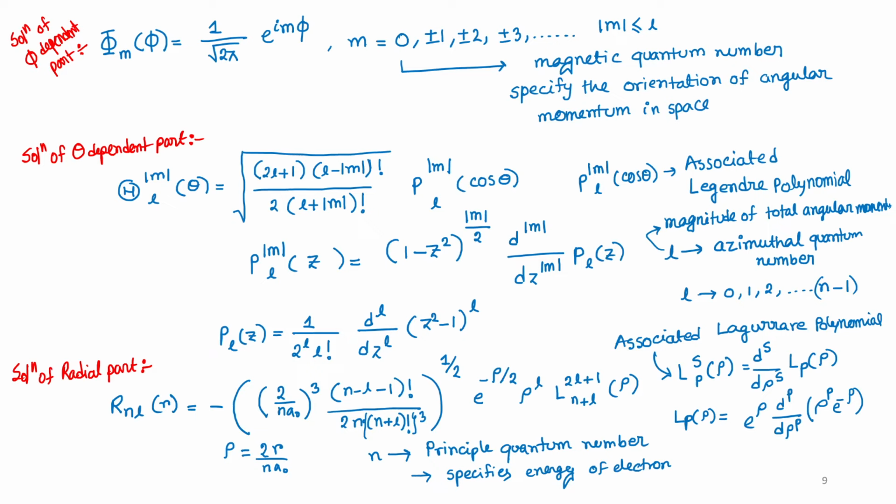Okay, and the other things that are discussed in the lectures are like the radial function, how to plot the radial function. For psi 1, this psi 1 means psi 1 0 0, right? Here n is 1, l is 0, and as l is 0, m can be 0 only.